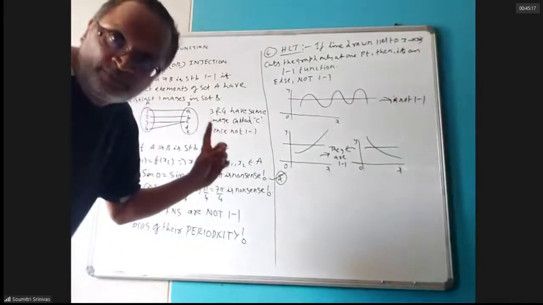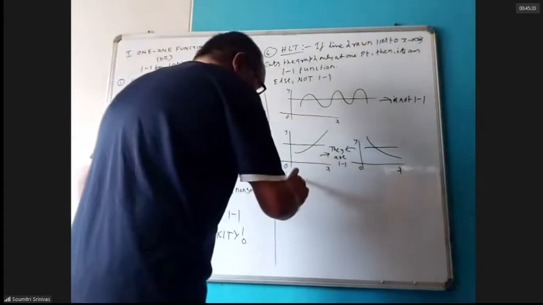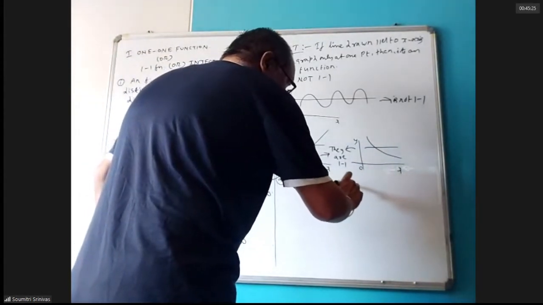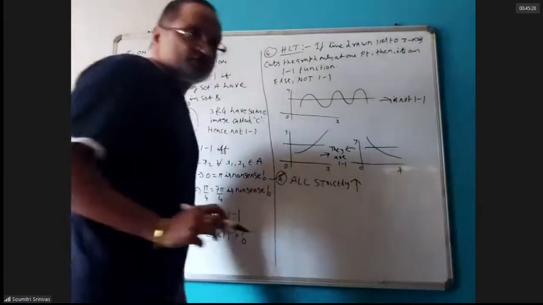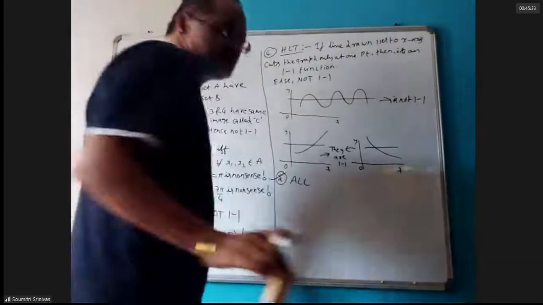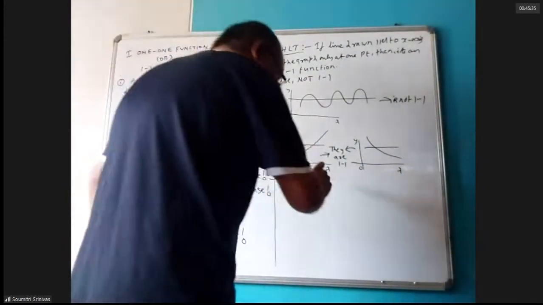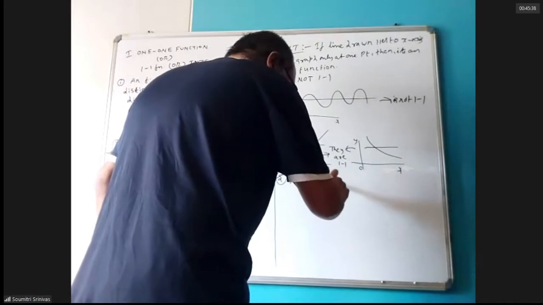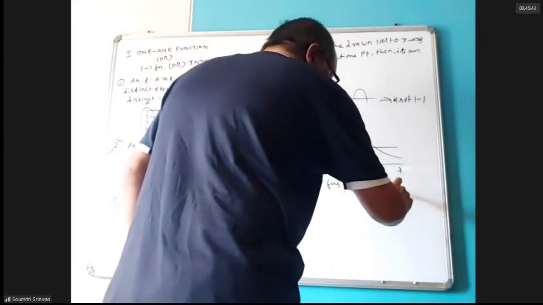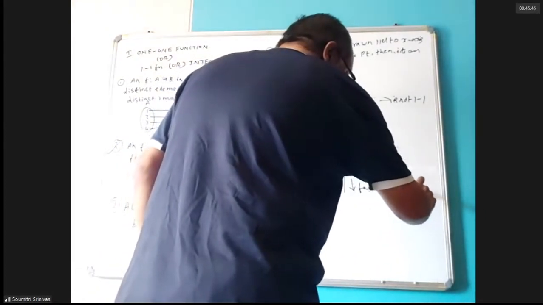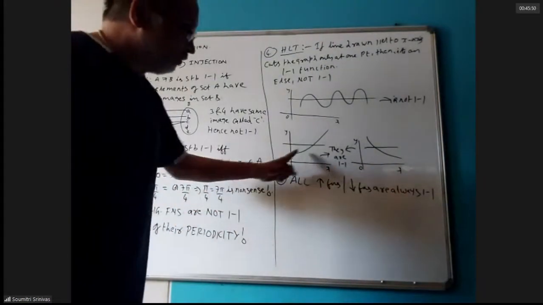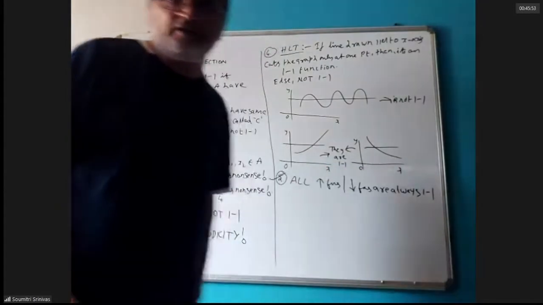That is, the fifth point says all arrows pointing upwards. Need not be strictly increasing also. All increasing functions. What do arrows pointing upwards stand for? Increasing functions and decreasing functions are always 1-1. Example we have seen above: increasing function, decreasing function.